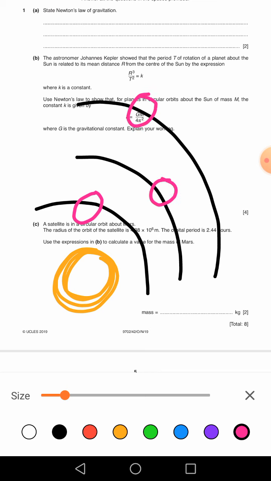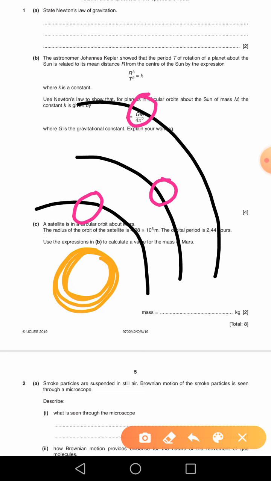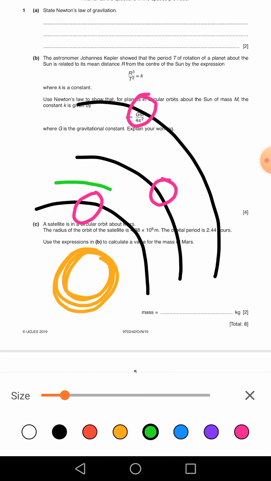So as the question said, the planets are rotating around the sun. Okay, the planets are rotating around the sun. Since the planets are rotating around the sun, they must take a certain time to give one complete rotation around the sun, which we are calling the time period.